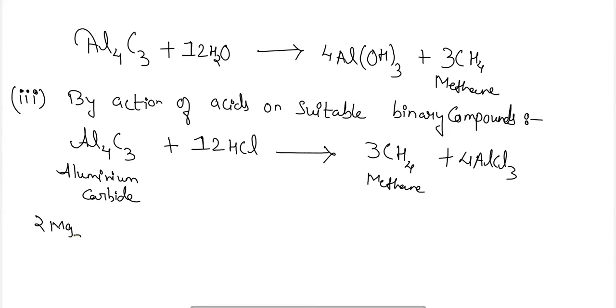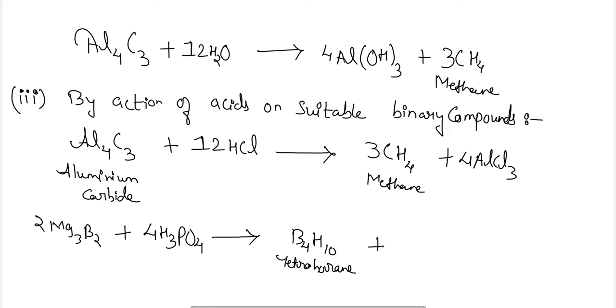Similarly, when magnesium boride is reacted with phosphoric acid, tetraborane is formed with magnesium phosphate and hydrogen gas.